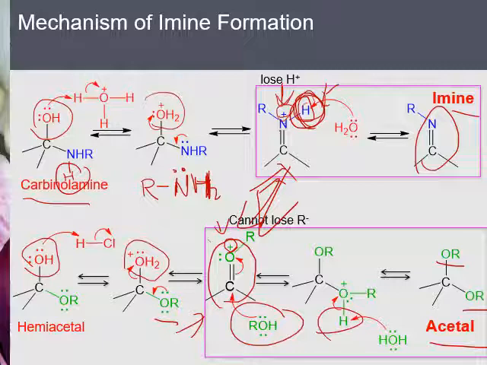So you cannot lose hydrogen. You certainly cannot lose an alkyl group, and therefore a second alcohol attack, followed by deprotonation, gives you acetal. So I suggest you practice the mechanism and see if you can draw how imine is formed when primary amine is the reactant.